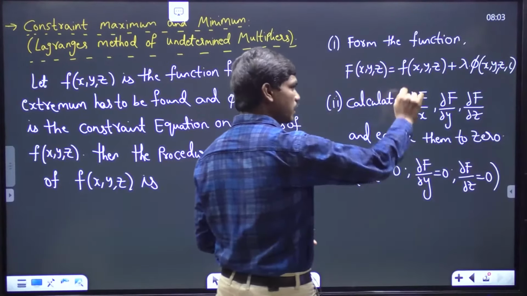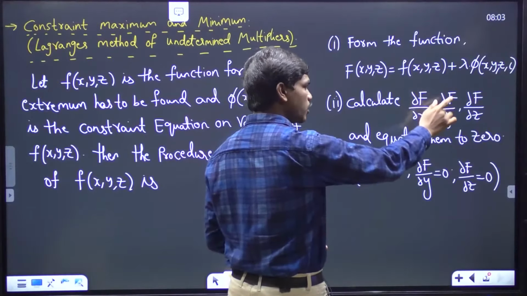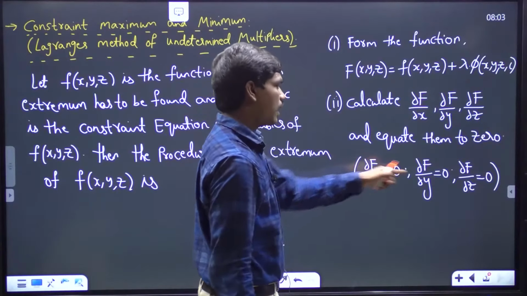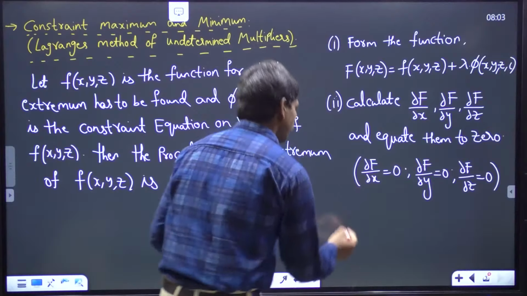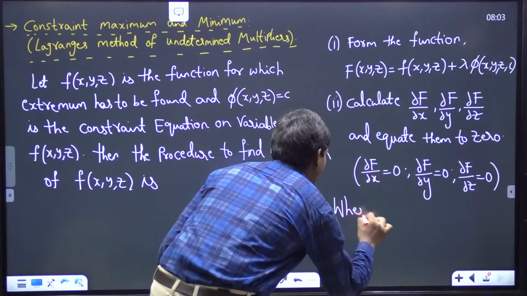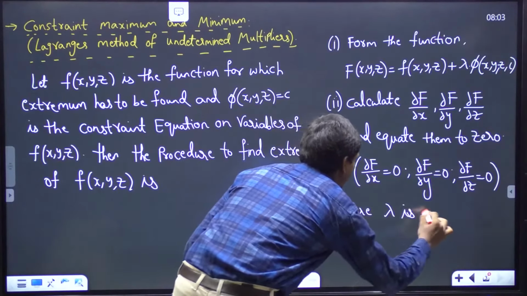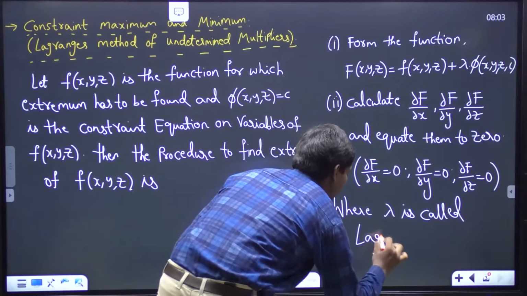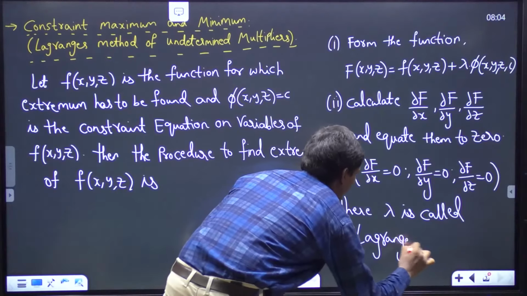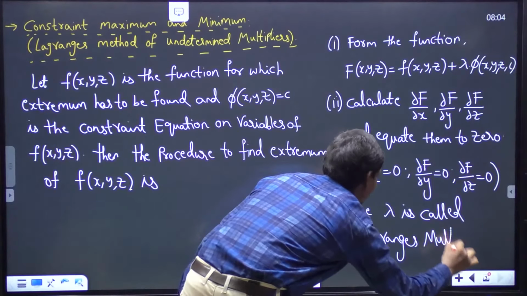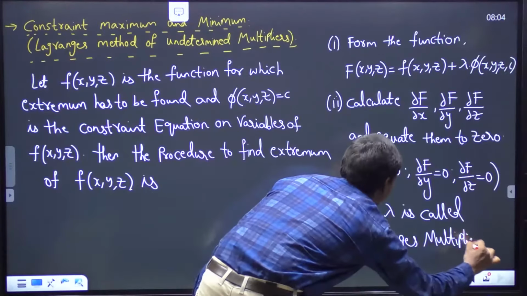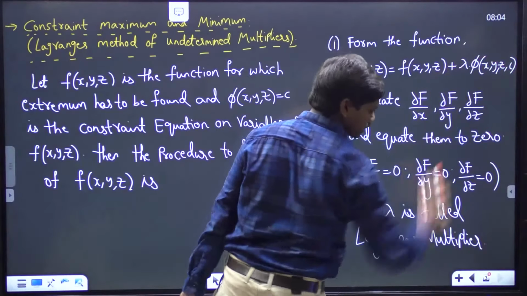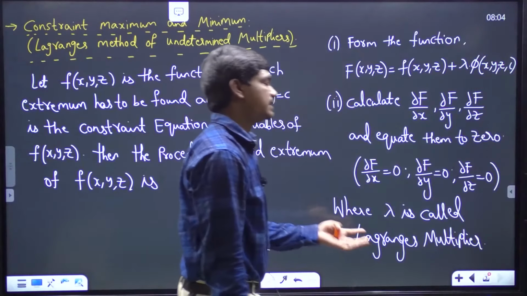Then we calculate dou F by dou x, dou y, dou z, and equate them to 0, where lambda is called Lagrange's multiplier, because we are using it to multiply this constraint equation.